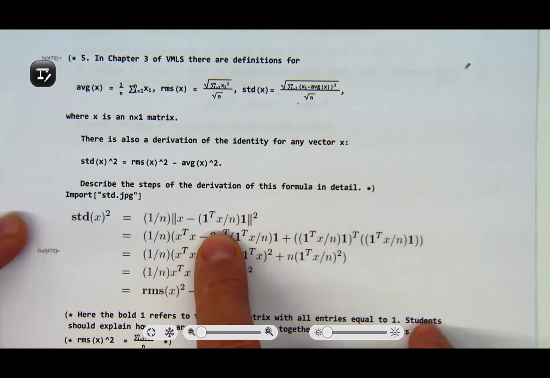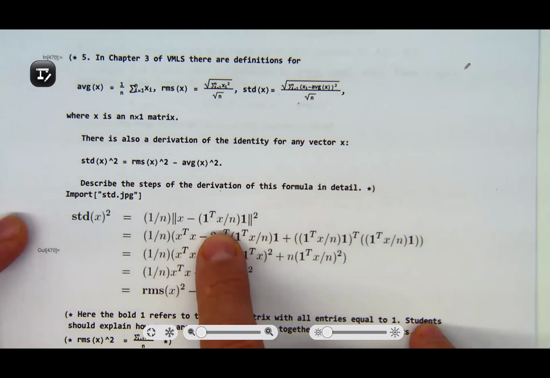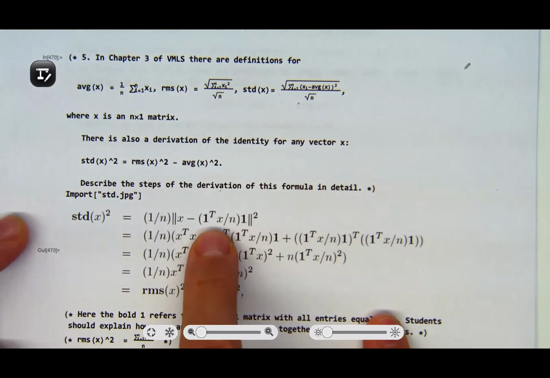But well, I didn't always know that, so you may not know that either. The first term after the minus sign is 1 transpose. Now, 1 transpose will be a row vector or a 1 by n matrix.